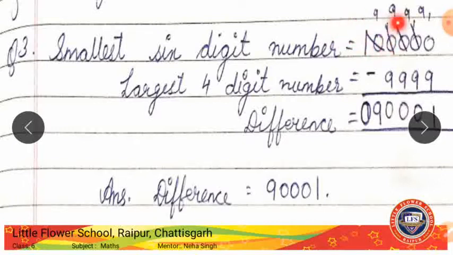Here 1 1 1 will get borrowed. 10 minus 9 is 1. 9 minus 9 is 0. 9 minus 9 is 0. 9 minus 9 is again 0. 9 minus 0 is 9. And this 1 minus 1 is now cancelled and is 0 here. After subtracting, the answer we are getting is 90001. The difference between the smallest 6-digit number and the largest 4-digit number is this.